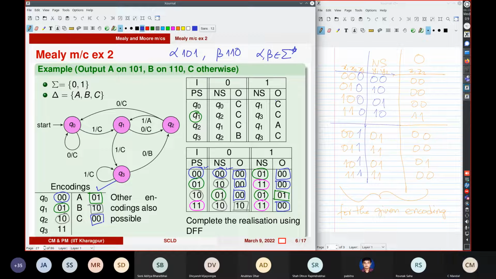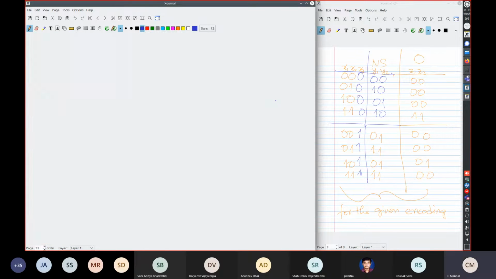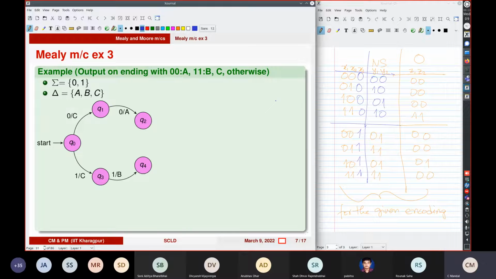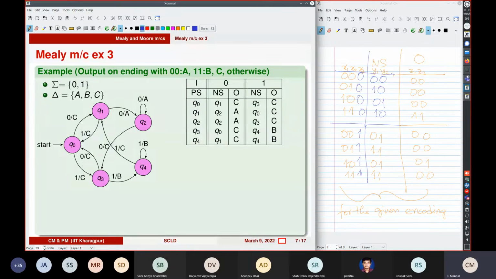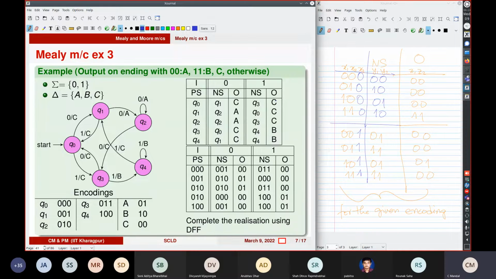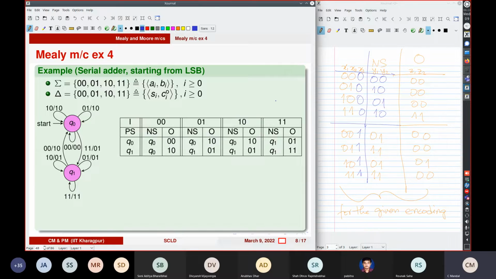So I think you can follow these on your own. I'm not going through these. These are just similar exercises, so I'll leave it to you to do this.